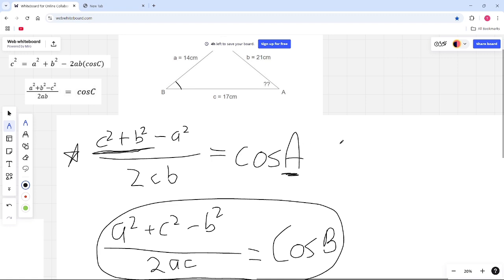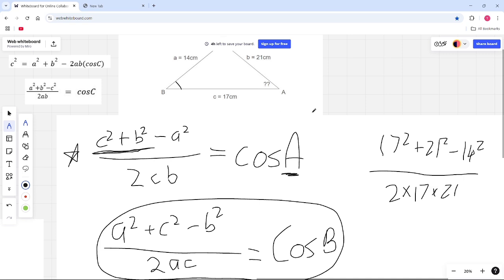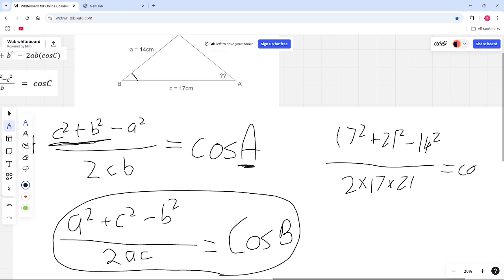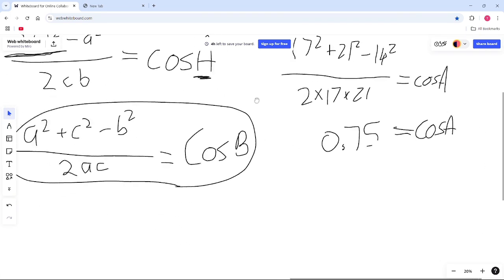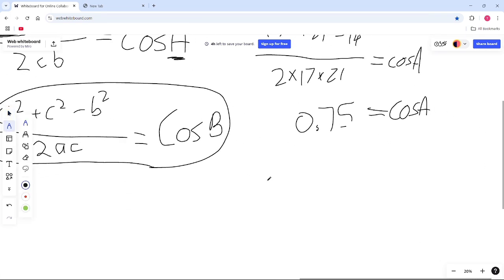So if we just plug in all of our numbers over here, 17 squared plus 21 squared minus 14 squared divided by 2 times 17 times 21 is equal to cos A. Now if you put all that into your calculator, you will get 0.75 is equal to cos A. So simply just take the inverse and make sure your calculator is in degree mode.